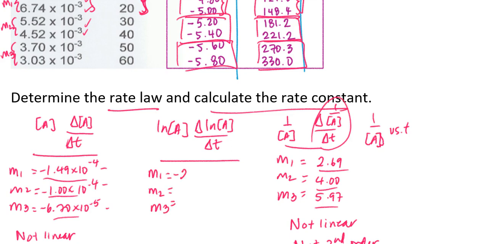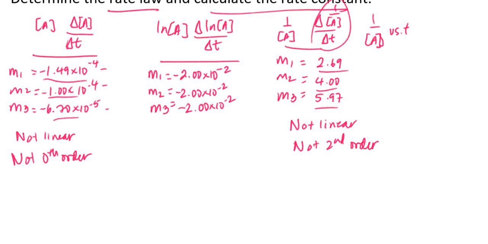It ends up being -2 times 10 to the -2 each time. So I get a constant slope, which means this graph would be linear, which means that the reaction is first order.